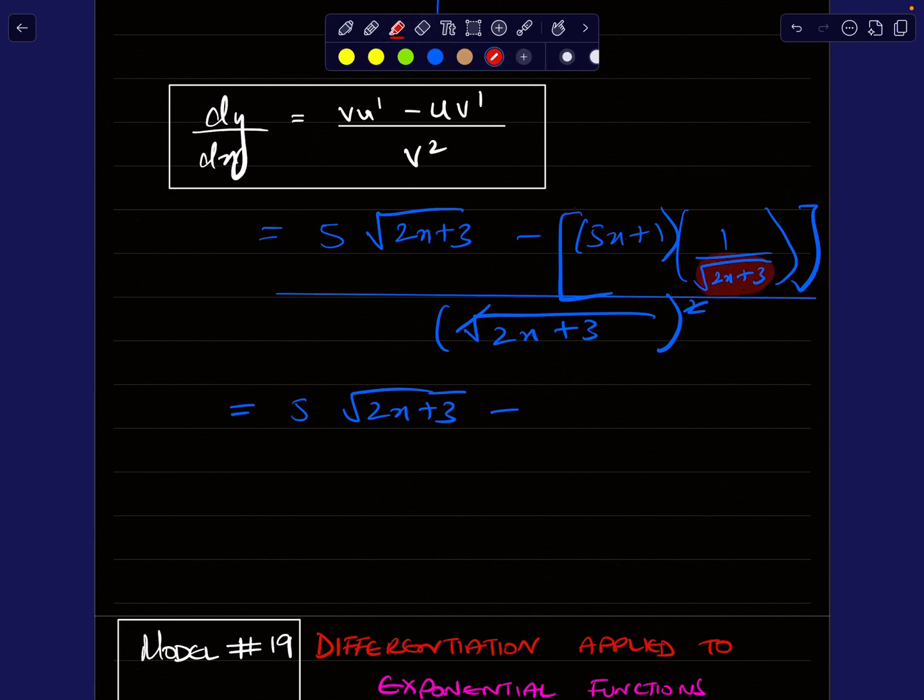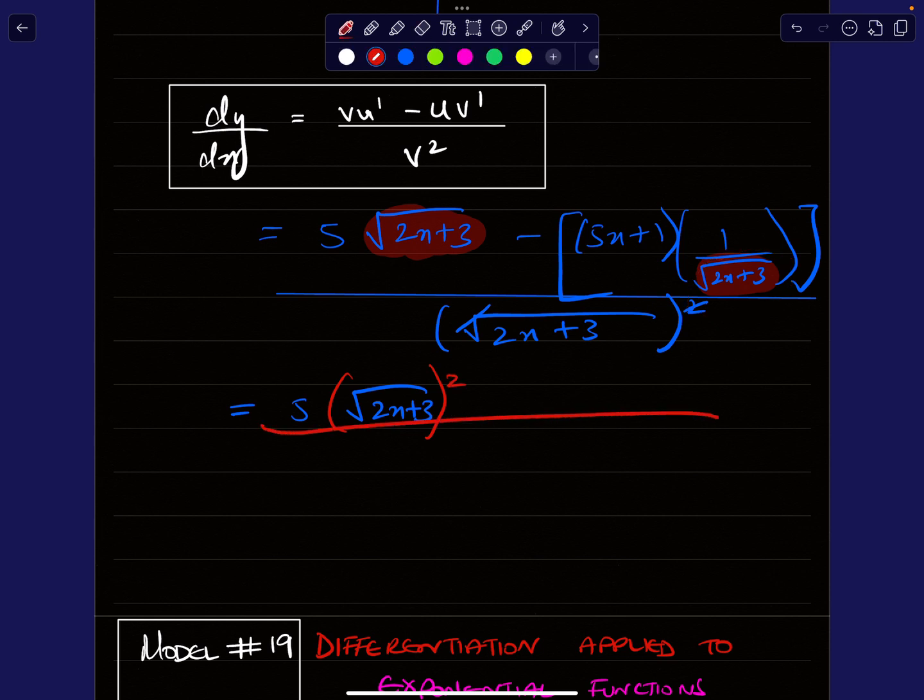How about we simplify the numerator first by making this a single fraction? In order to do that, we had 2x plus 3. Let's multiply this by this denominator. So this becomes a square. The numerator becomes a single fraction, leaving minus 5x plus 1 in the numerator.